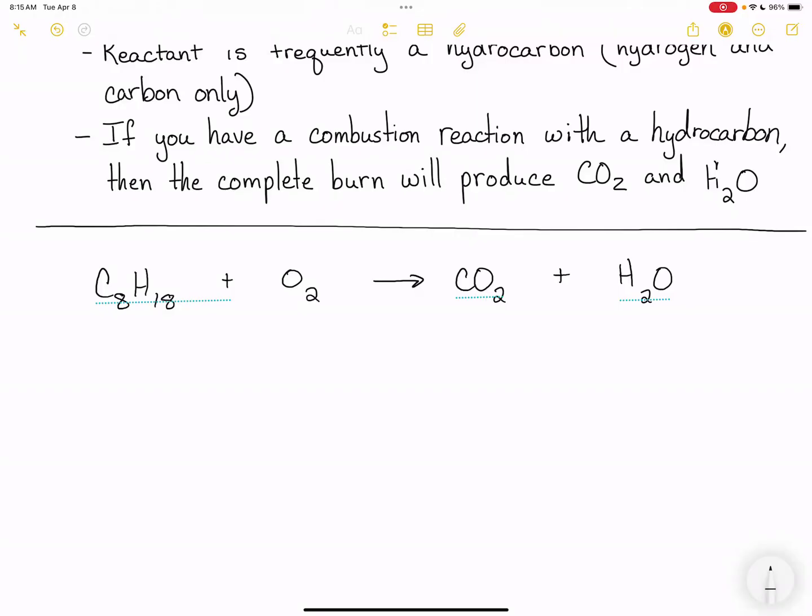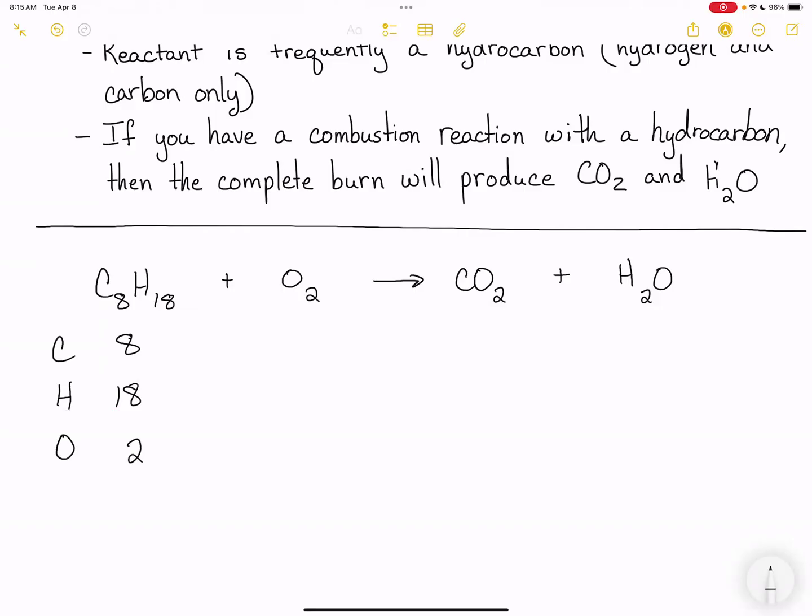Step number one in balancing this equation is we're going to evaluate the equation. We're looking for polyatomic ions primarily, and there are no polyatomic ions here. So that means we're going to list out our elements. We have carbon, hydrogen, and oxygen. On the reactant side, we have 8 carbon, 18 hydrogens, and 2 oxygens.